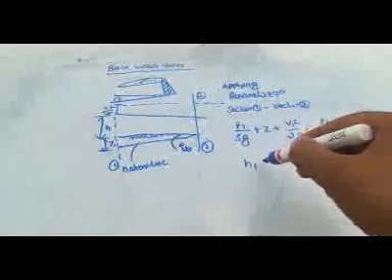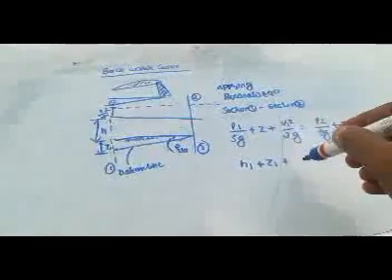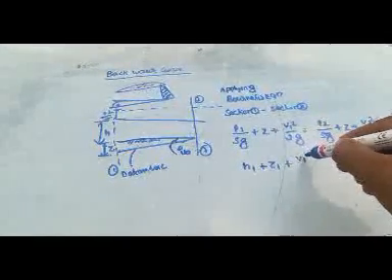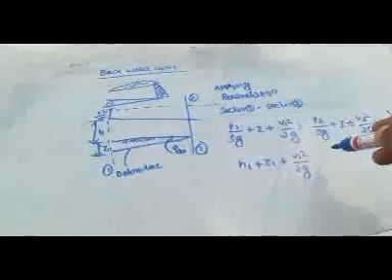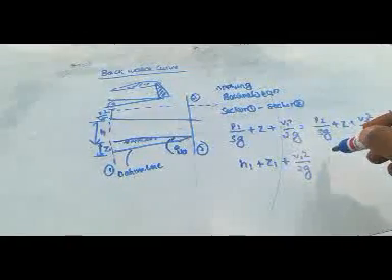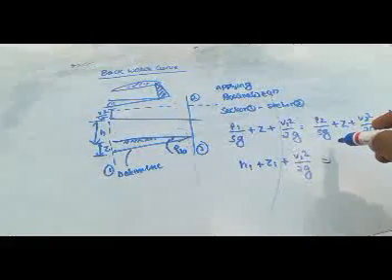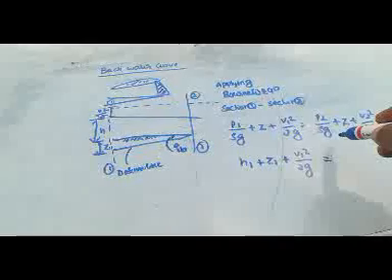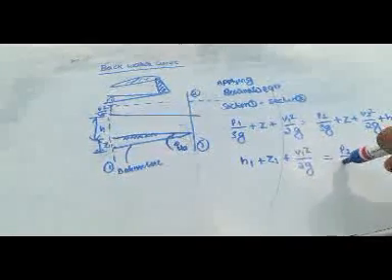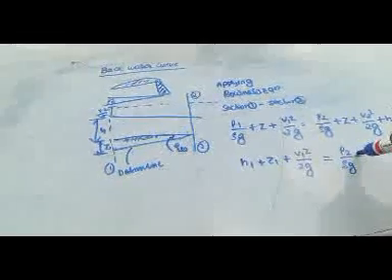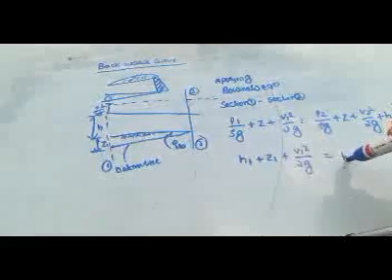This one we can write as H1, and this one is Z1, plus V1 square by 2g, plus here P2 by rho g, which we can write as H2.